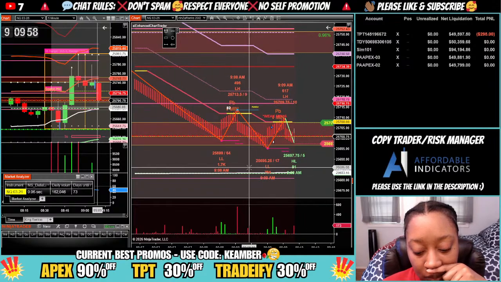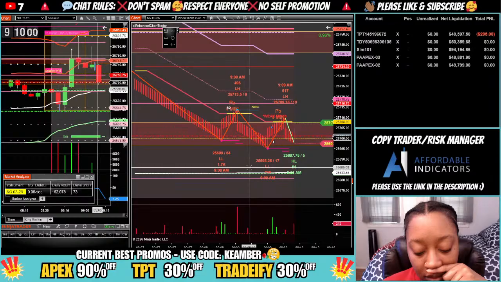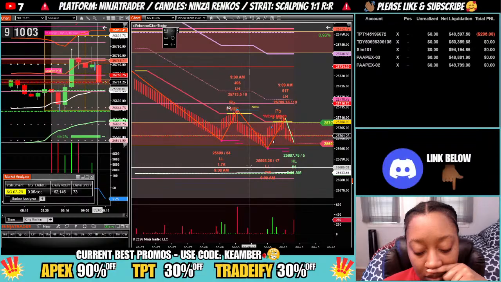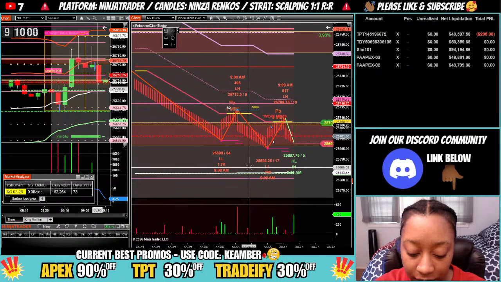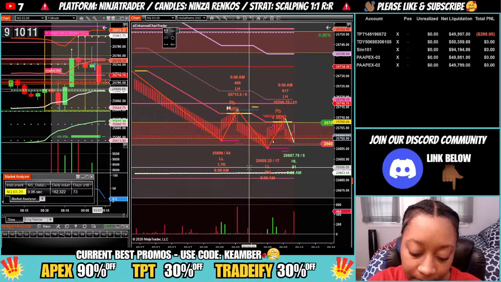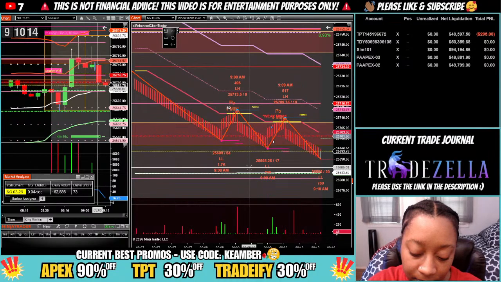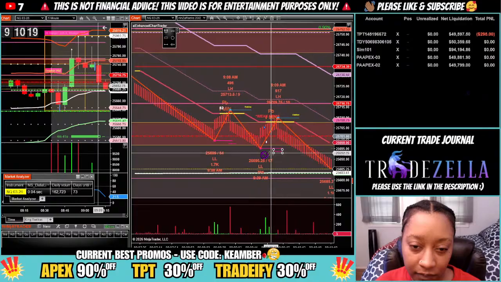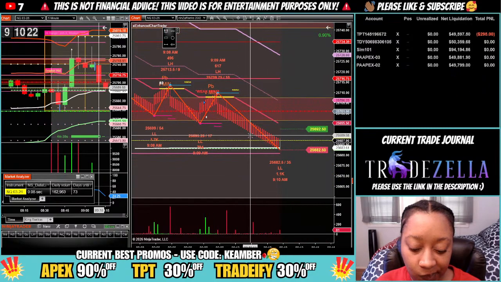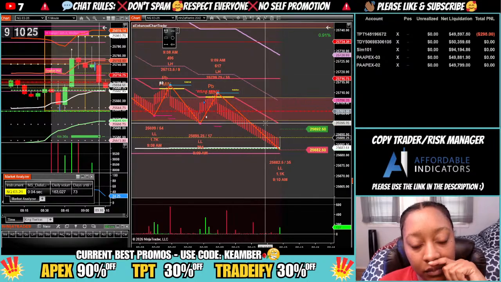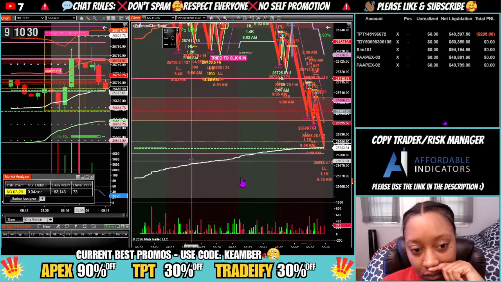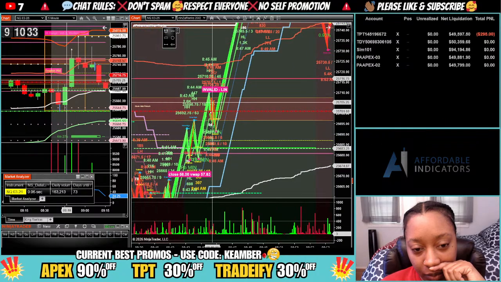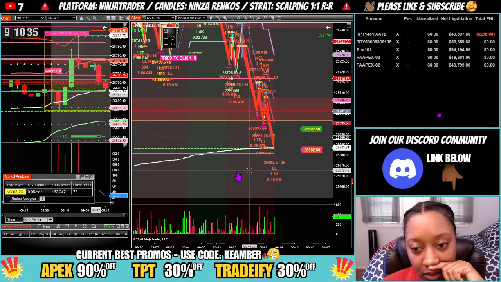But I usually don't like it. So that's a 1 bar pullback from 846.